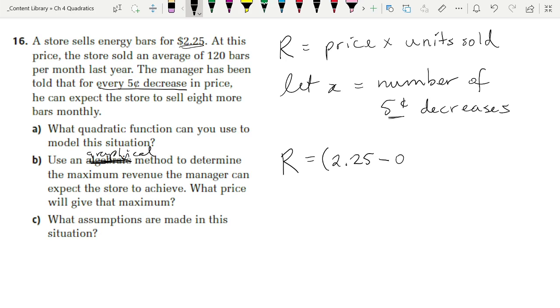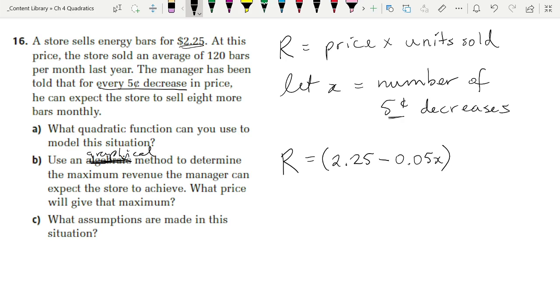So I have to go 0.05x, right? My new price. If I decide to decrease it once, my new price is $2.20. If I decide to decrease it twice, my new price is $2.15. I'm counting my decreases in increments of 5 cents.